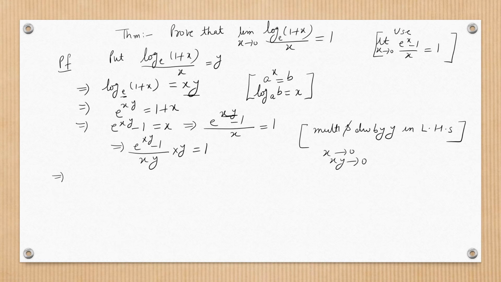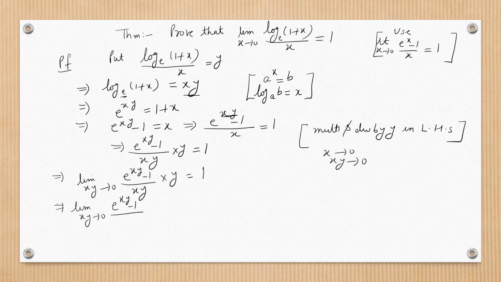So this implies limit xy approaches to 0 of (e raised to power xy minus 1) upon xy, into y, is equal to 1. Limit is not applied to y as it is constant. So you can write it as limit xy approaches to 0 of (e raised to power xy minus 1) upon xy, into limit x approaches to 0 of y, equal to 1.